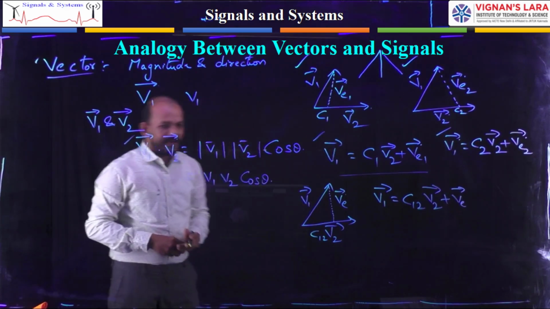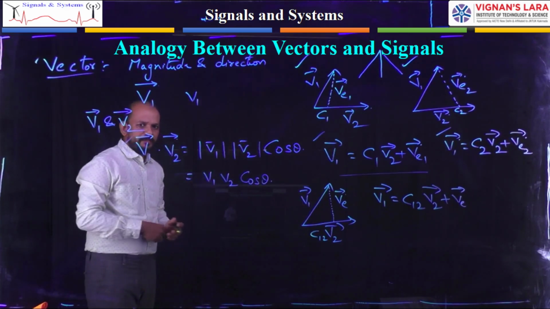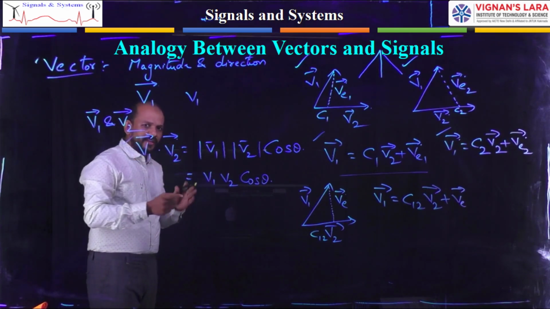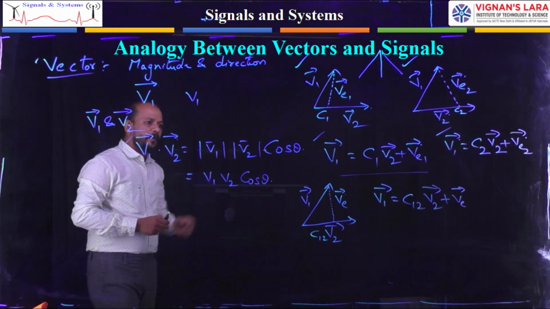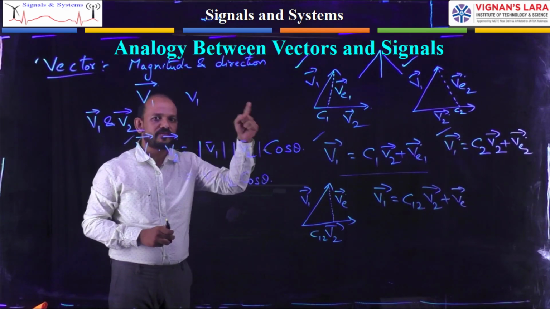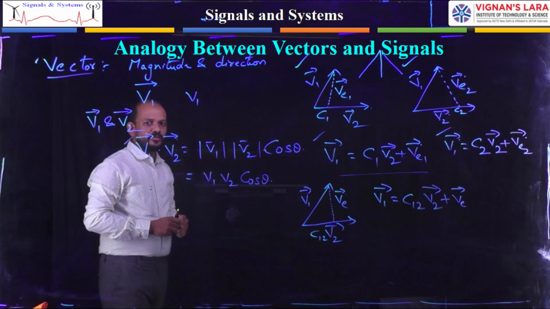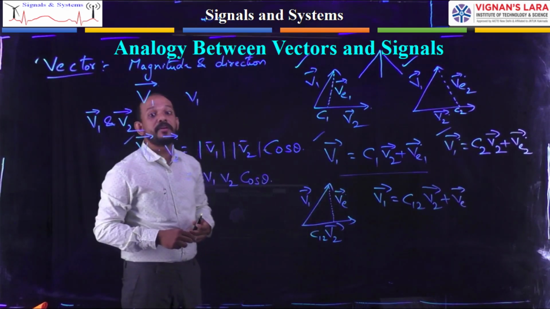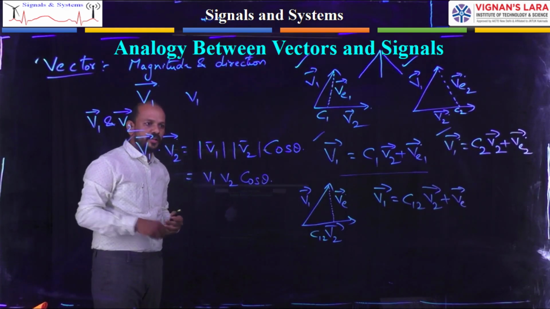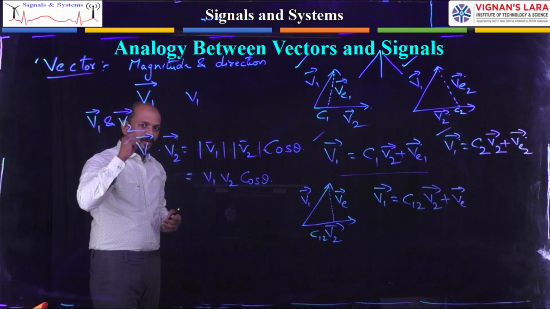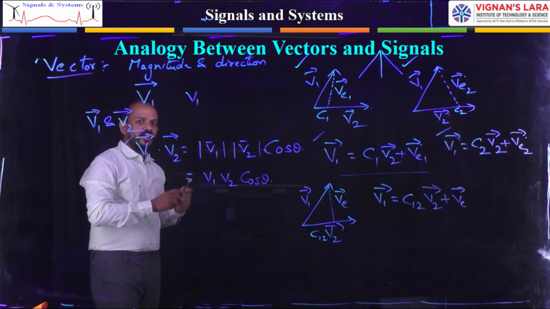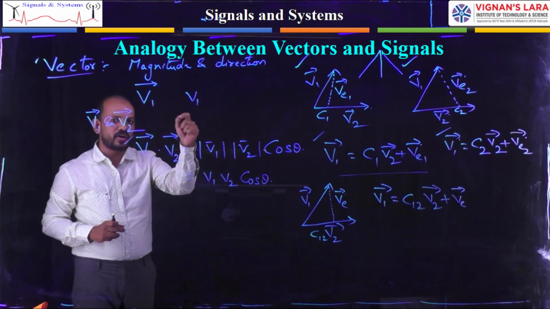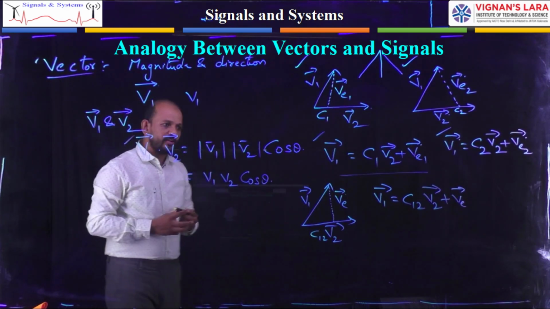So geometrically, we can represent one vector in terms of another vector just by drawing a perpendicular line from one end of the first vector onto the second vector, because in this case the error is minimum.